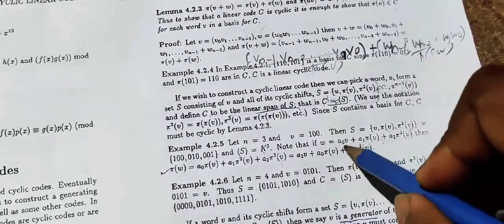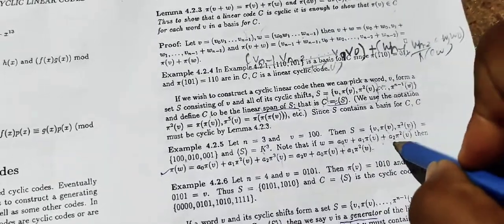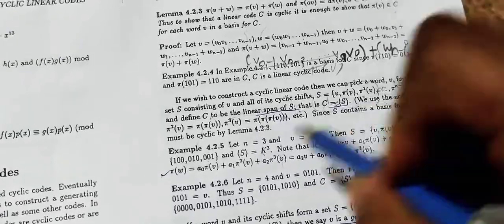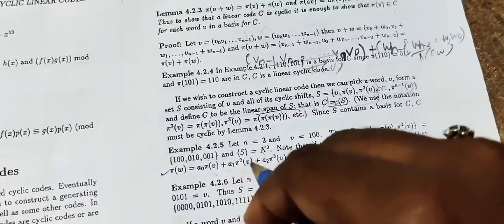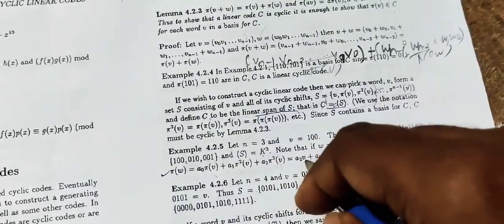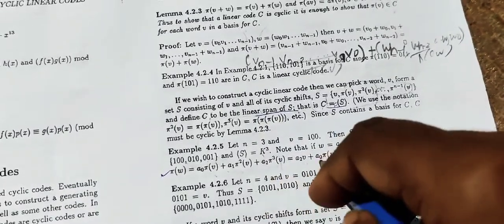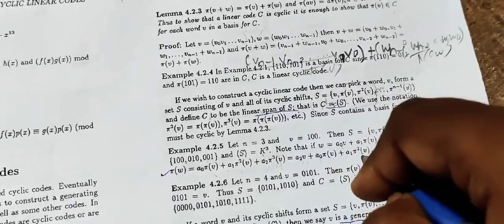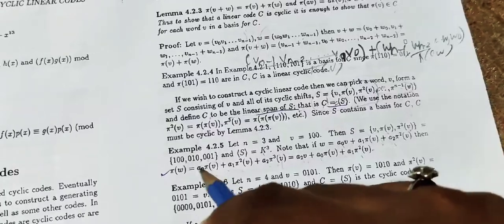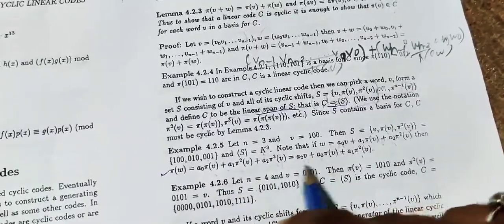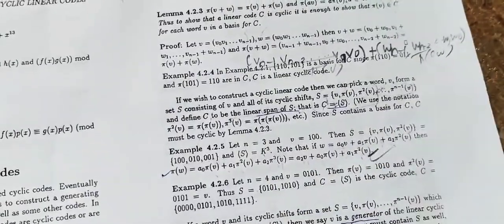So W can be written as a0 V plus a1 pi of V plus a2 pi square of V. That means pi of W is equal to a0 pi of V plus a1 pi square of V plus a2 pi cube of V, that is equal to a2 V plus a0 pi of V plus a1 pi square of V. Pi of W means a shift, an order change. So that is the form. Okay.